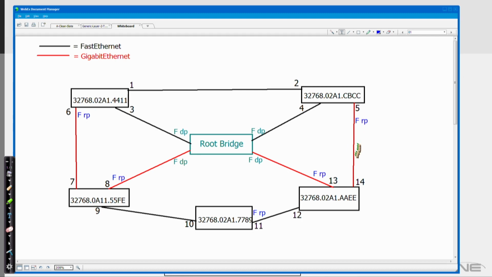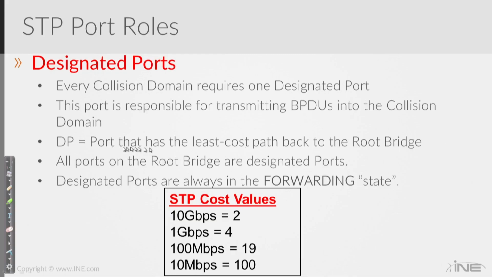By default, the other end of that cable has to be a designated port. And like down here, this has to be a designated port. Well, why is that? Because remember what the definition was of a designated port, how we determined it. It was the port on the cable that had the least cost path back to the root bridge.